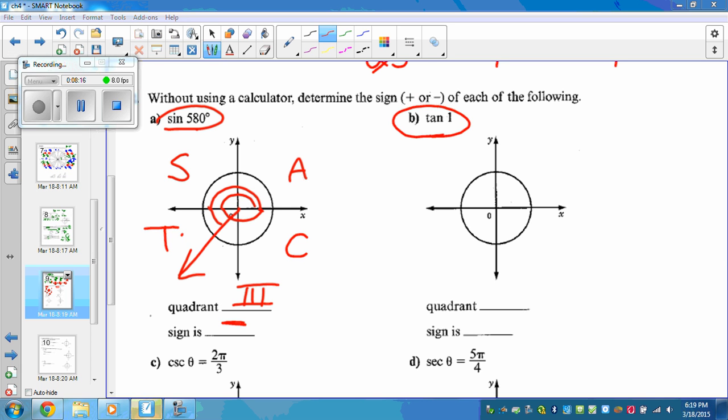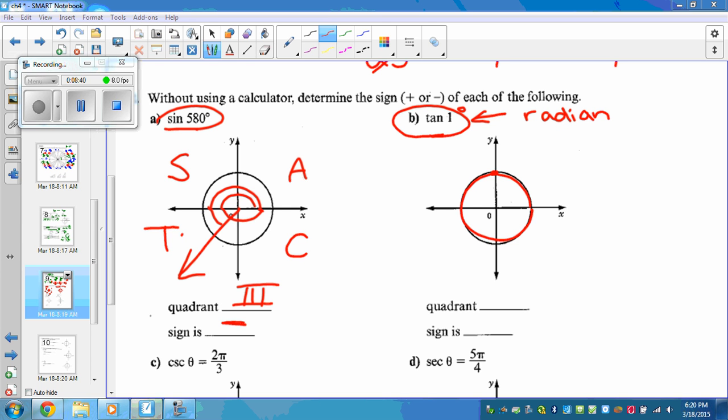Tan of 1. Because there is no degree sign, this means we are talking about radians. So 1 radian. Where is 1 radian? Think about it. How many radians, how many radiuses were all the way around the circle? There was a little over 6. Let's think about this.